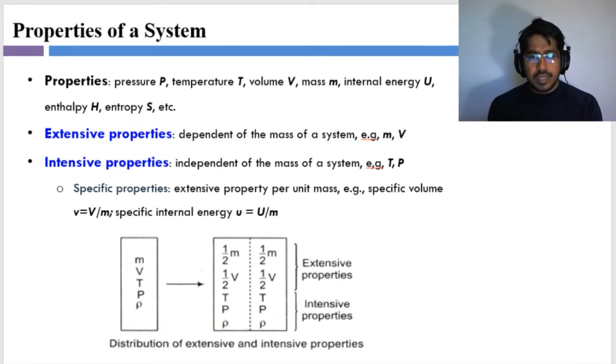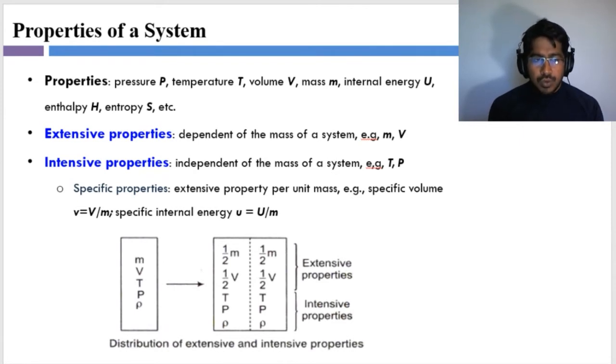Pressure, temperature, volume, and mass, I am pretty sure you have used in other courses or in high school. But some of you may not be familiar with internal energy, enthalpy, and entropy, unless you did some reading on your own. I will leave these three parameters aside for now, but we'll discuss them in the coming lectures.